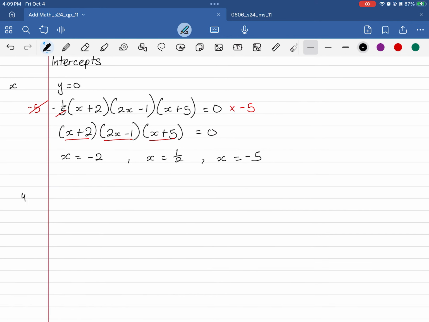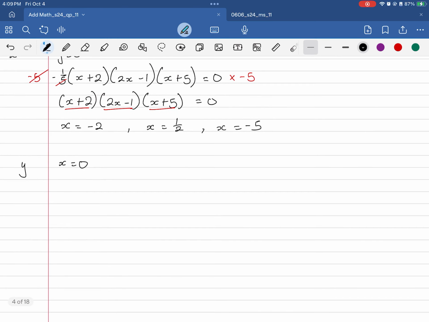That means you're putting x equals to 0. So you would have minus 1 over 5, 0 plus 2, 2 times 0 minus 1, and 0 plus 5 equals to, well, that's y, because we are looking for what y is.